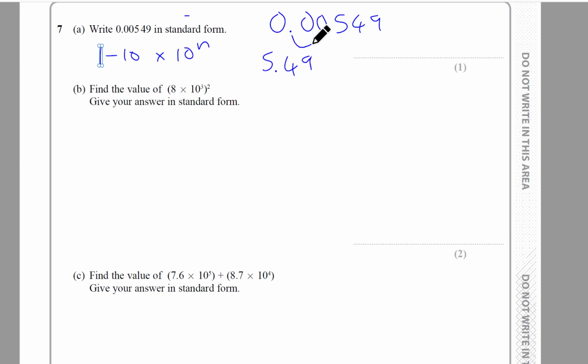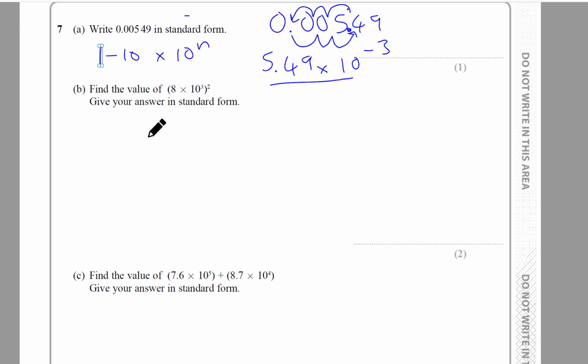Now look, that's going to be 3 steps, so we've got to times that by 10 to the power of minus 3. And if you also count backwards from here, let's do the decimal point here, you can go back 1, 2, 3 to get to it. So we know that's the right answer for one easy mark.